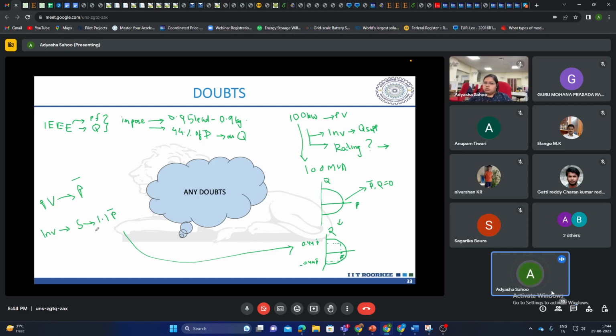So due to this only we are going for inverters. Otherwise, if this standard is not imposed upon us, I think no one will have this. Ma'am, generally a generator has a 0.8 power factor lag, right? So in the inverter also, do we have to see lag or lead? Both, sir, both lag and lead, as I said, 0.95 lead to 0.9 lag.